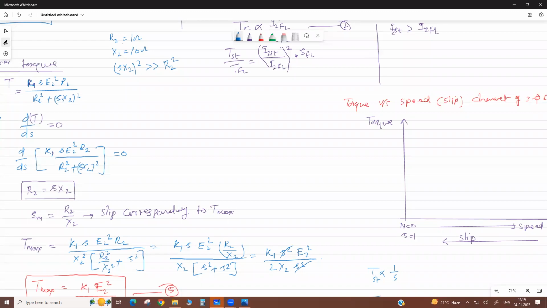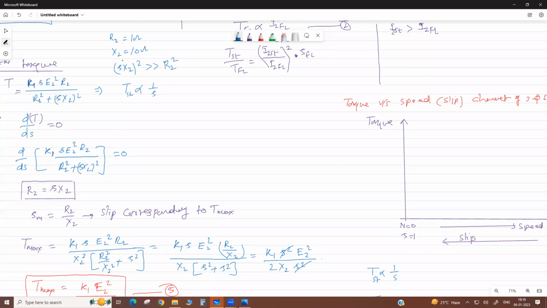Then it means the torque is, after removing this, the slip term in the numerator is cancelled by the slip in the denominator, so it is inversely proportional at starting.